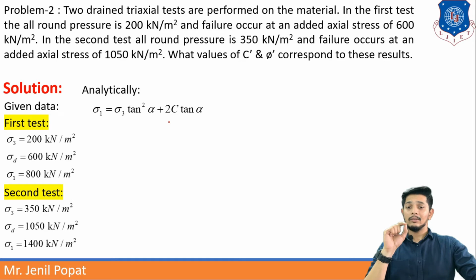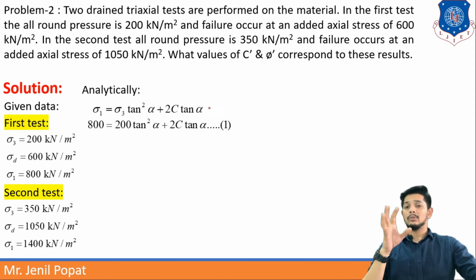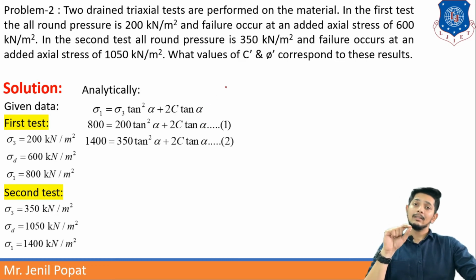So let us write values from first case first here. 800 is sigma 1, sigma 3 is 200, and 2c tan alpha is unknown, so I have put it like that only. Now from second case I can get the same equation: 1400 is equal to 350 tan square alpha plus 2c tan alpha.